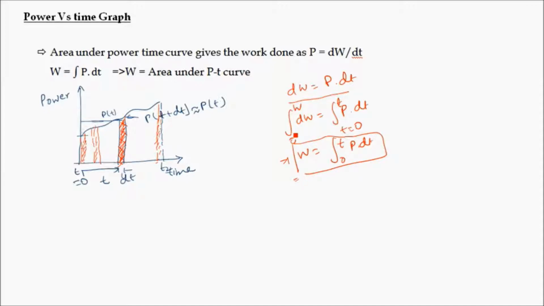This is the basic concept that the area under the P-t curve gives you the value of work done. Now consider the case of constant power.